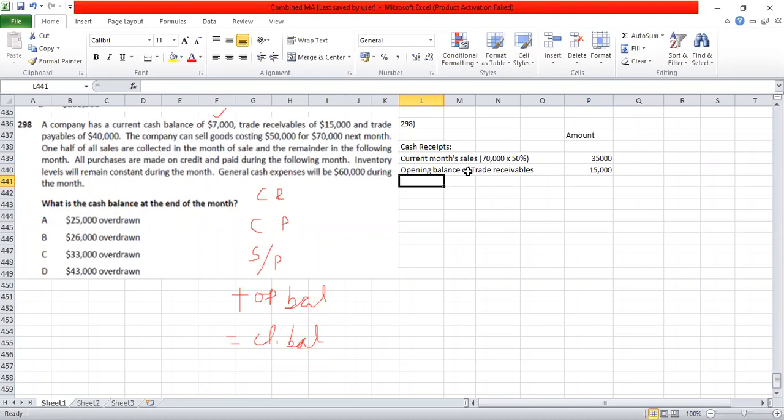One is cash, current month sales. Of that, 50% will be collected during the month. And previous month, whatever was not collected, the entire amount will be collected in the current month. So add them up. This will become total receipts. Put an alphabet A. Then let's check out the cash payments.